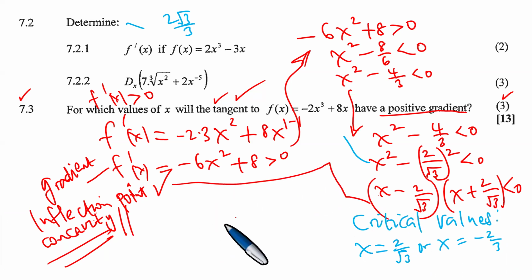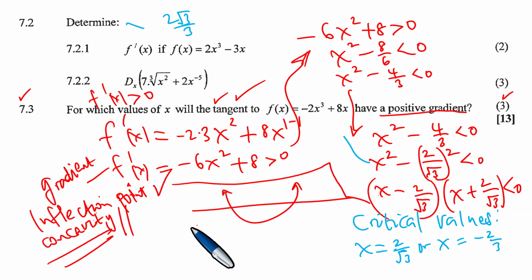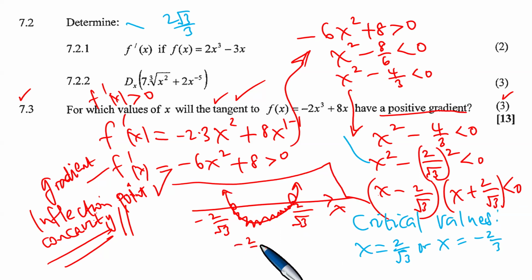Now at this point, this one is going to have a minimum vertex. The critical values are minus 2 over the square root of 3 and 2 over the square root of 3. We're looking for where it is negative, so it is negative between these two values.